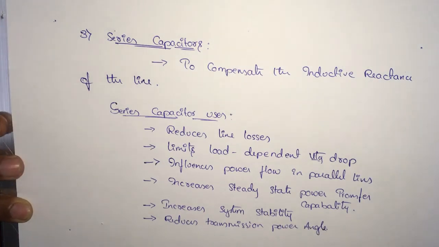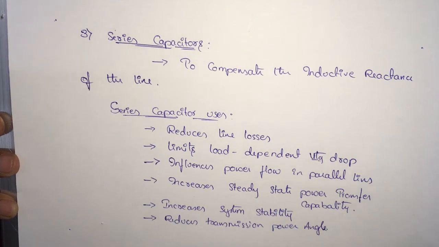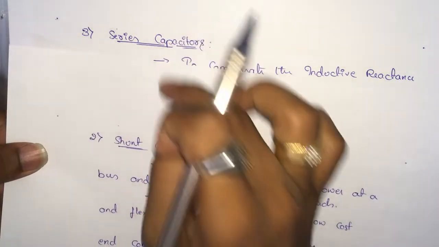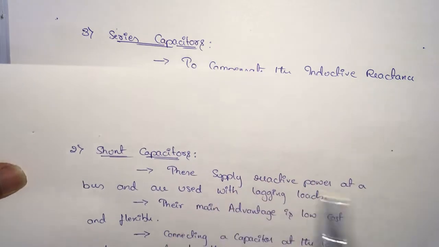These are all the uses of series capacitors. Series and shunt capacitors have their unique uses and advantages as well as disadvantages. In the next video we are going to compare series and shunt capacitor differences.